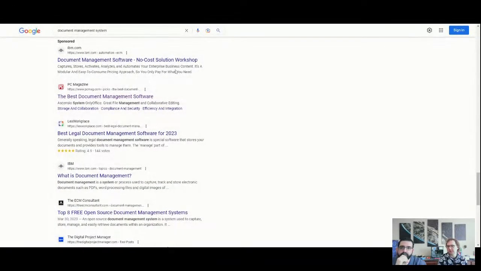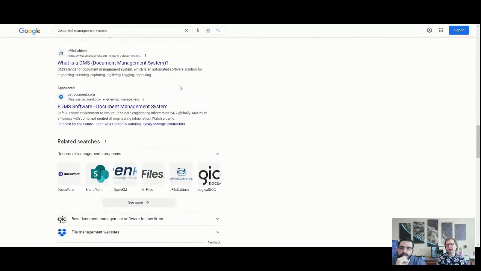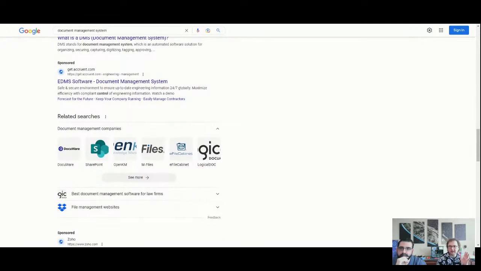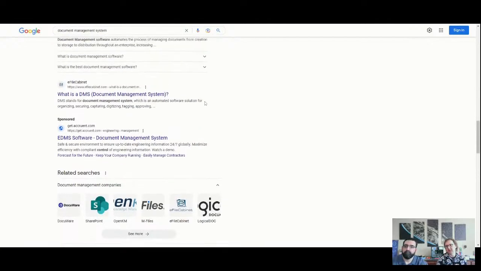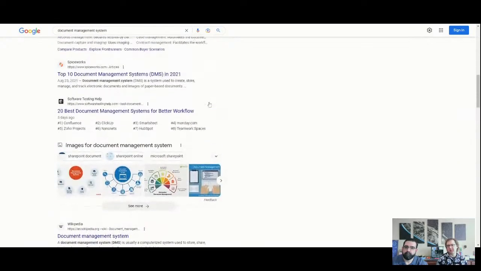The general term content management system could mean anything from WordPress, for managing the content on a website, to SharePoint, which is more in line with what we're talking about, to HubSpot. And we're not talking about contact management, customer management, or website management systems. Really, it's document management systems.